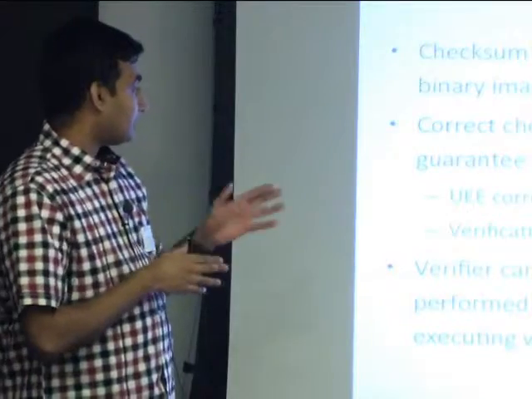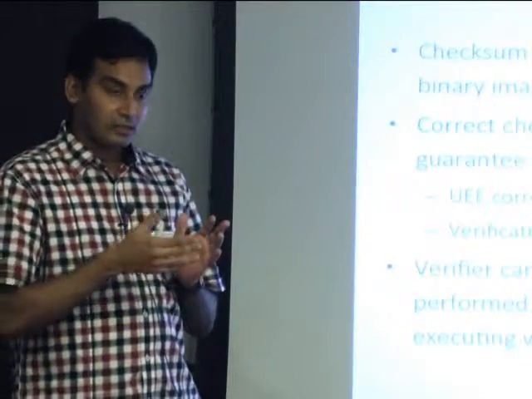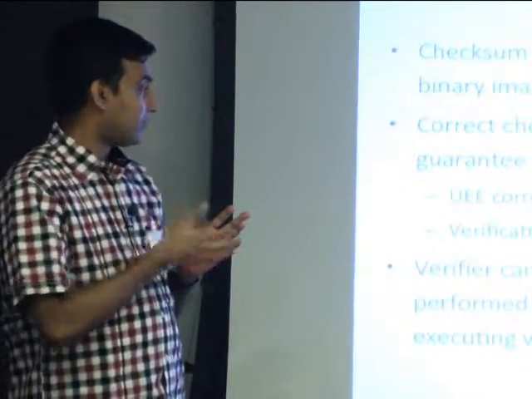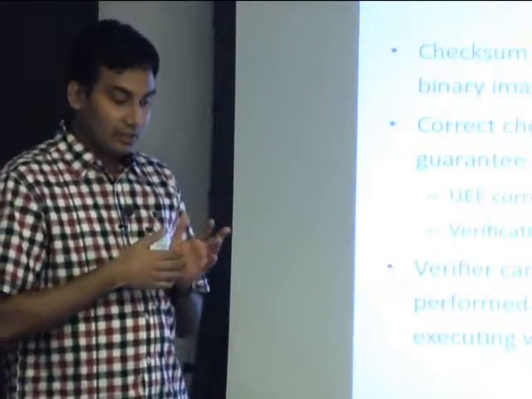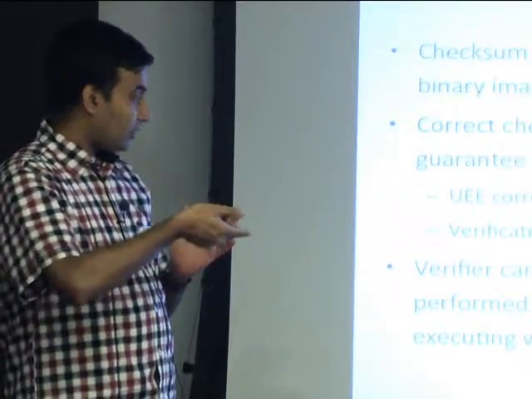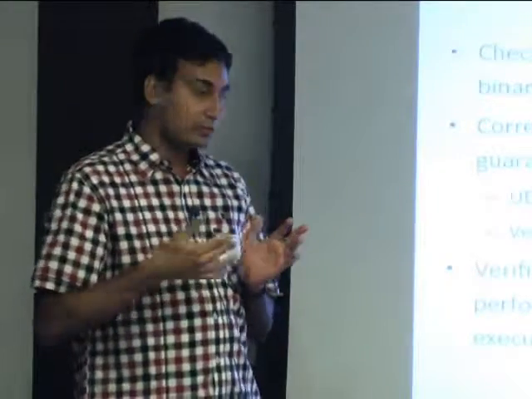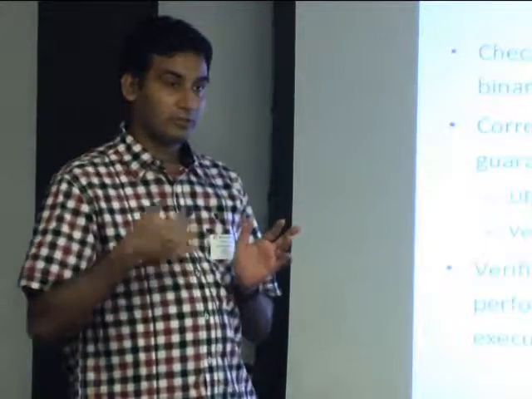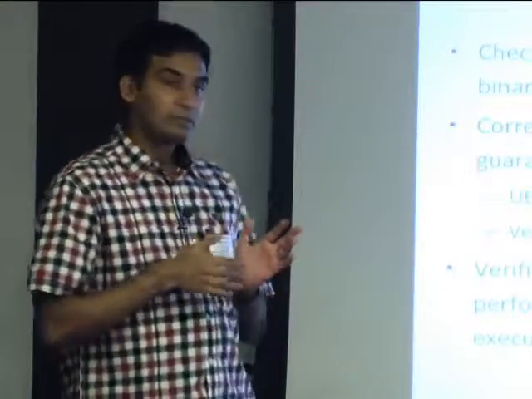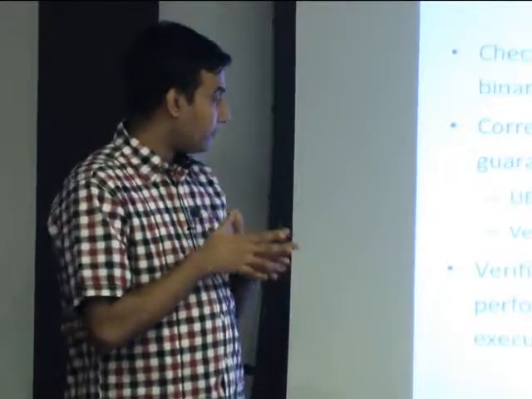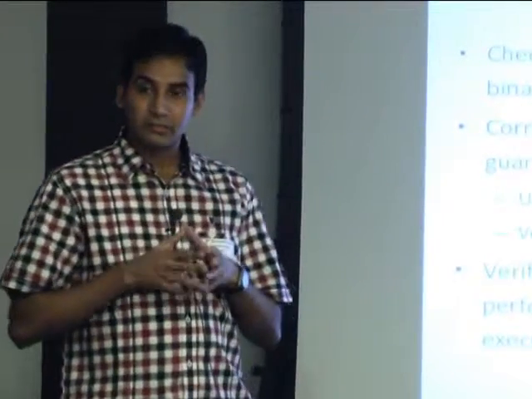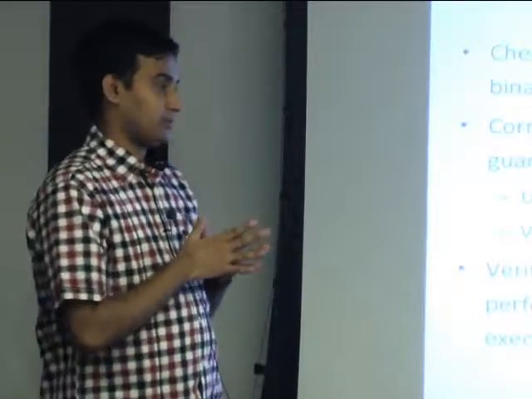So based on these guarantees, the verifier that obtains the correct checksum within the expected time can conclude that after the checksum is computed and returned, all the actions subsequent to that event will be performed by an unmodified verification function that is executing inside a correctly set up UEE.